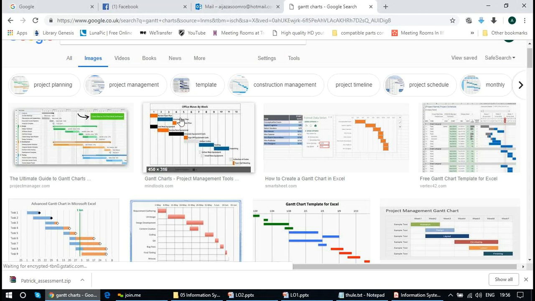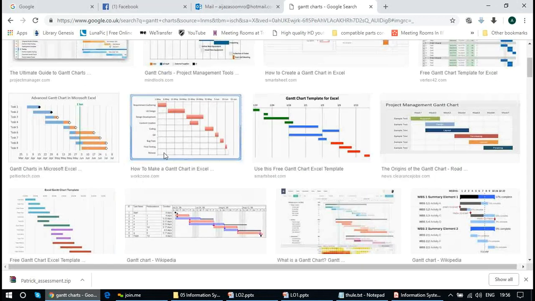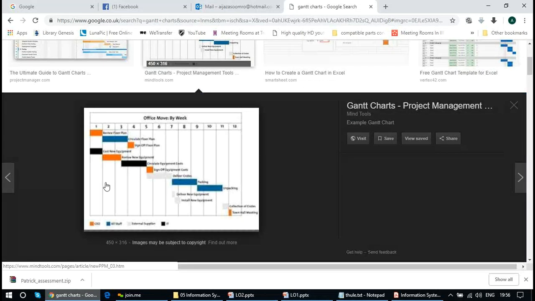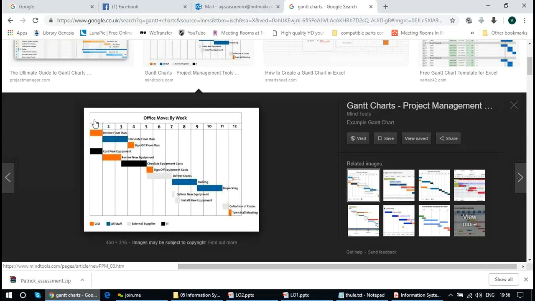Like this, you might be able to have a look at a weekly plan in a Gantt chart. Are you able to see it? I have to maximize it. Ah, like this, I can see it now. In week one, probably it relates to the CEO.